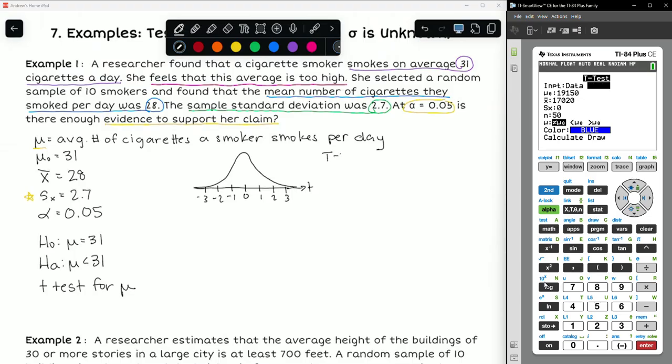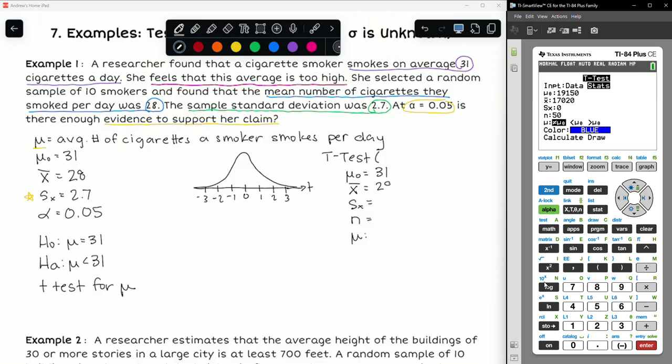And I know that that calculator command, t-test, asks me for the claimed mean, the sample mean, the sample standard deviation, the sample size, and then a statement about the alternative. So for us, the claimed mean was 31 cigarettes per day.